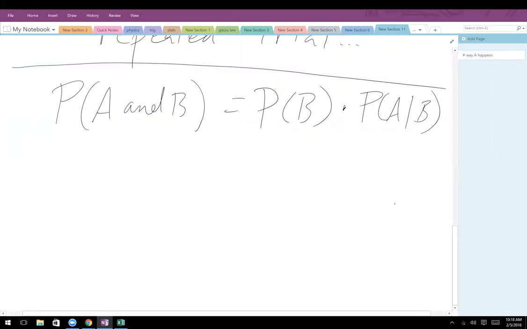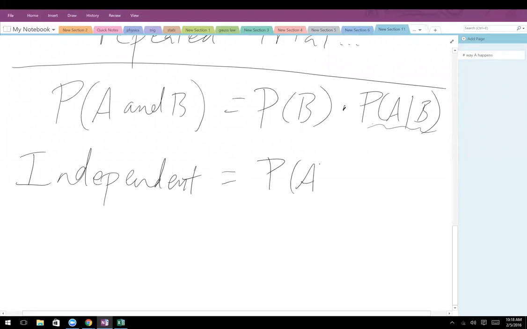So for A and B to both happen, B has to happen, and I need to know what's the chance that A happens given that B happens, right? But if they're independent, it becomes a lot easier, because this is just the same as the probability of A, because we said A doesn't depend on B at all. So this is just the probability of A times the probability of B. Right?